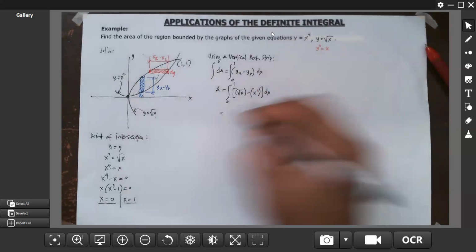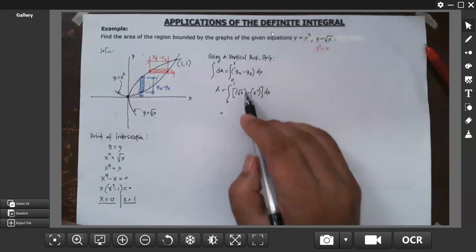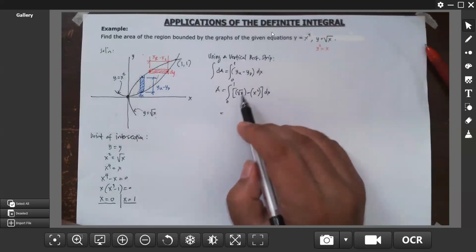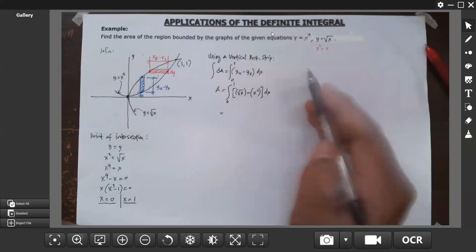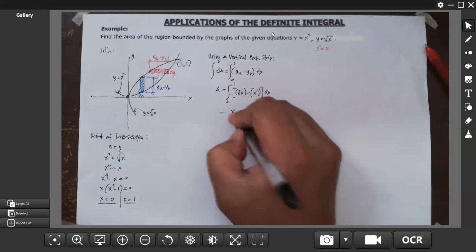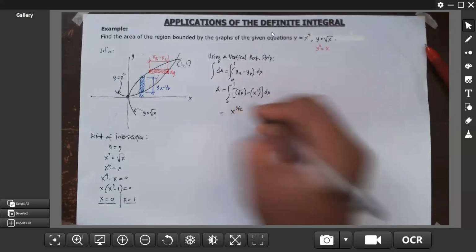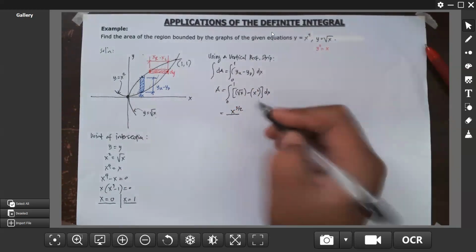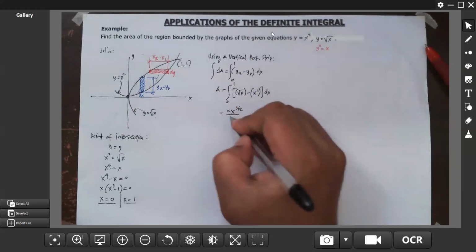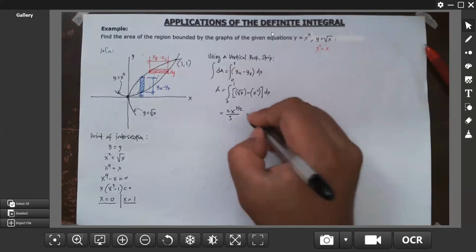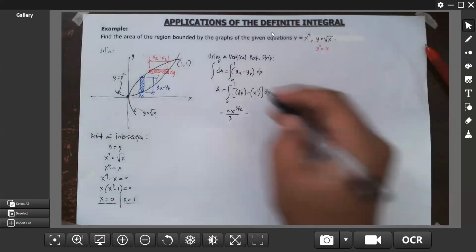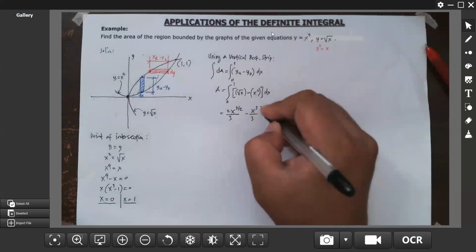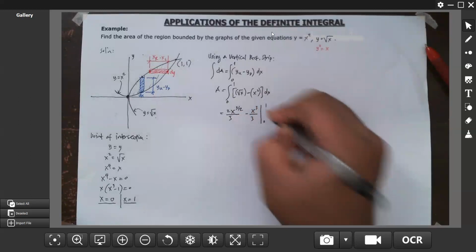Okay, so we can integrate square root of x dx, where square root of x is x raised to 1/2 dx. That's x raised to 3 halves over 3 halves. So get the reciprocal, we have 2/3, minus x squared dx, that's x cubed over 3, from 0 to 1.